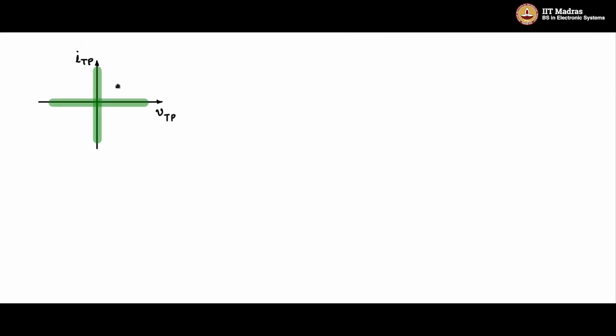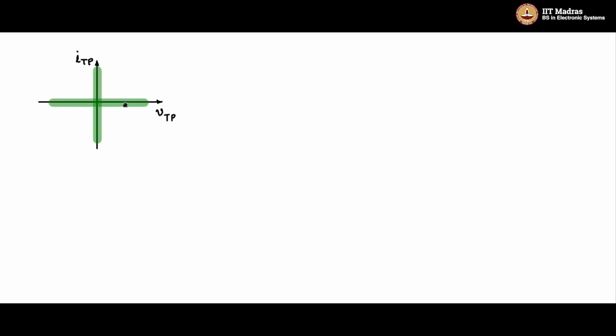We see here the static characteristic of an ideal switch. During the on time, the ideal switch is capable of supporting both positive currents and negative currents to flow through it, throw to pole and pole to throw. And while the switch is off, it can support a positive voltage across the device and also a negative voltage across the device.